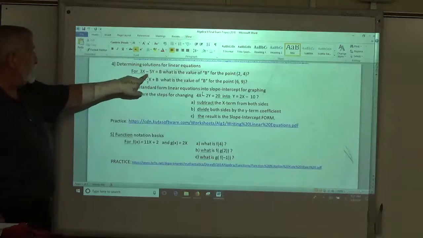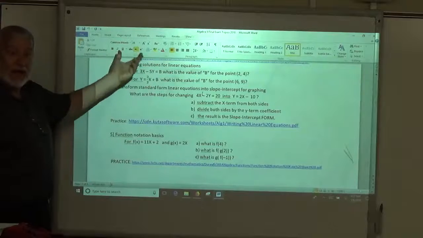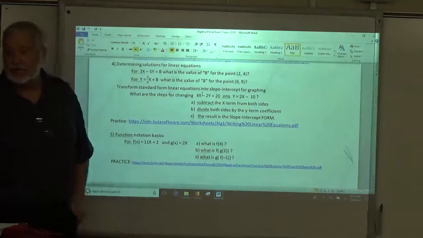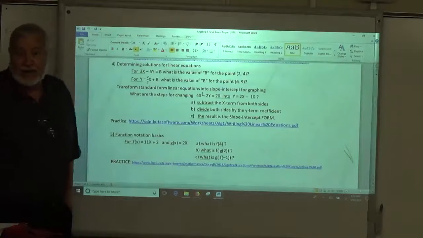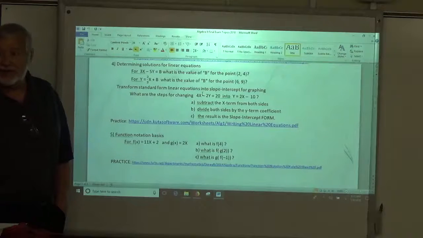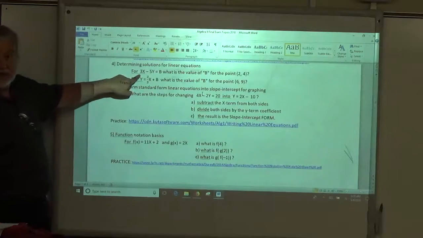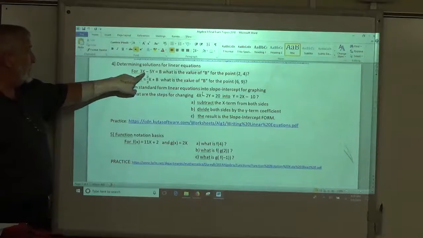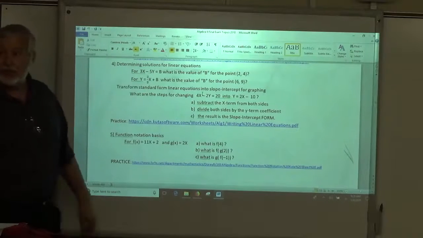If I replace the 2 and the 4, 6 minus 20, and so the b is going to be what? -14. You don't have a choice. You got a calculator to be able to get the answer, but you have to know to replace it. 3 times 2 minus 5 times 4.